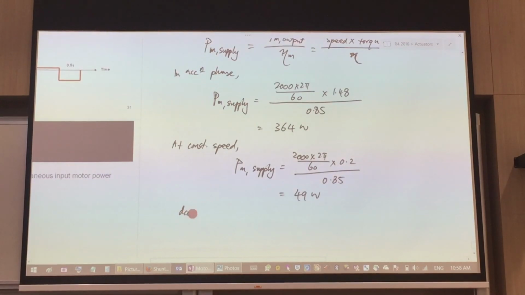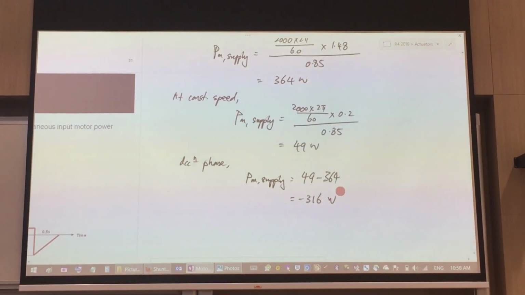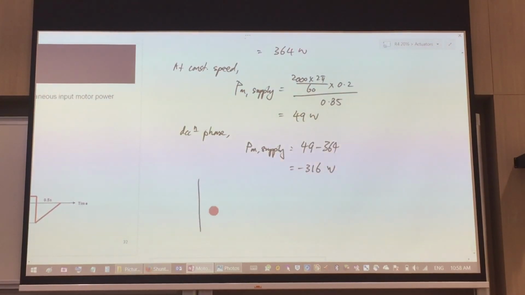So the same for that deceleration phase. P_M supply is equal to 49 minus 364. So instead of calculating, I'll just take 49 minus 364. So that will give me minus 3.6 watts. So I can sketch out that power consumption. This one is power in watts.